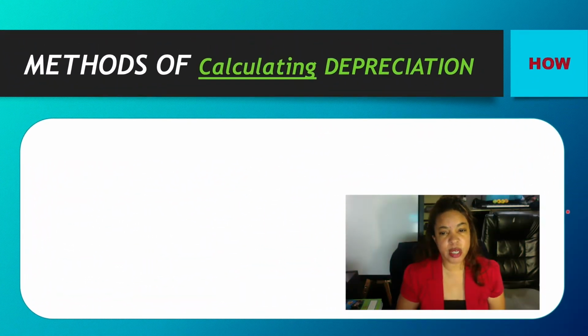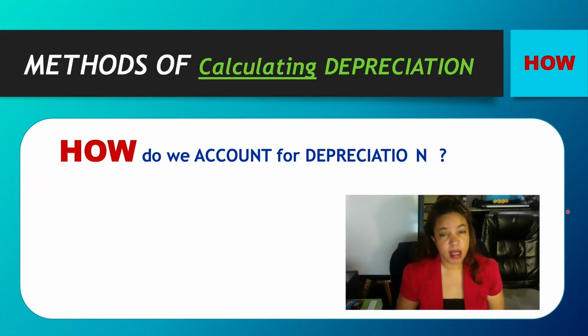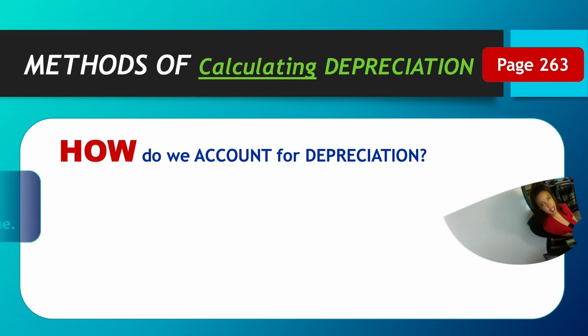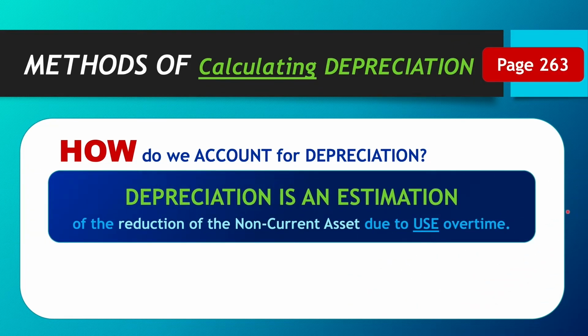So how do we account for depreciation? Well, it is an estimate because we do not know the exact value that it is being reduced by. So we therefore do have to make an estimation because we do have to account for it based on the matching and the prudence concepts.